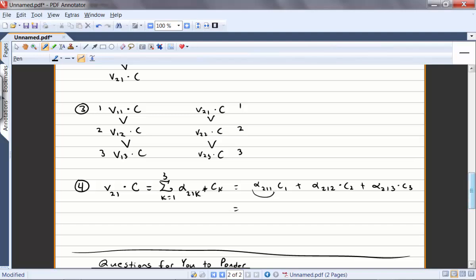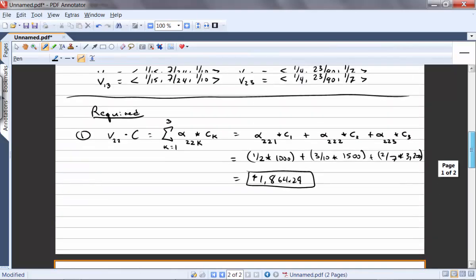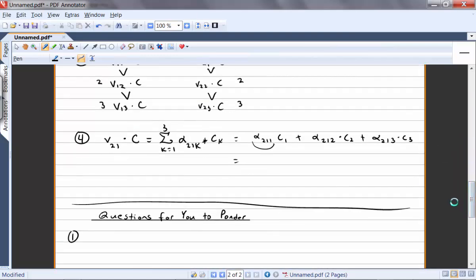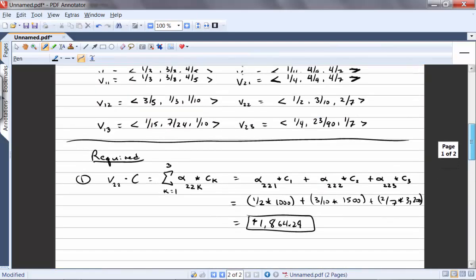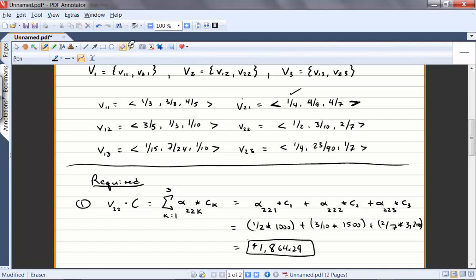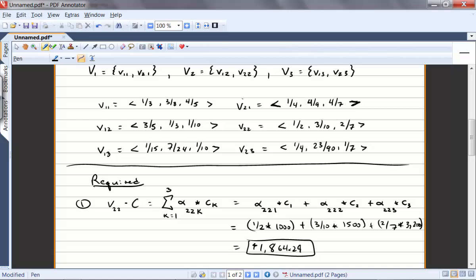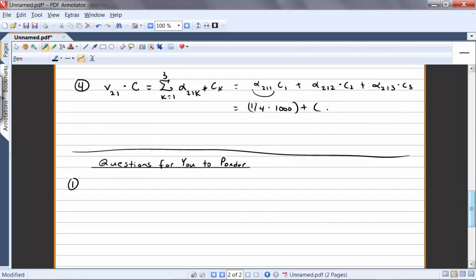Alpha sub 2,1,1. So we're in the second vector, first cost object, right here, 1/4. 1/4 of the total variable costs are assigned to customer 1 using weighting scheme 2. 4/9 of the total fixed costs are assigned to customer 1 using weighting scheme 2, and the total fixed costs were 1,500.